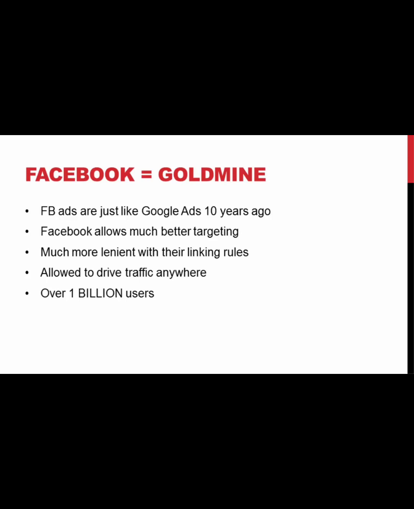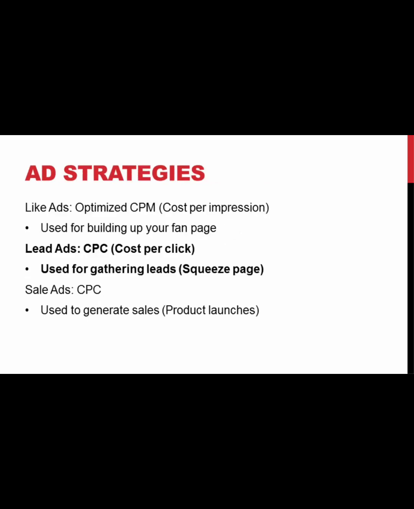And of course, Facebook has more than 1 billion users. So no matter what your niche is or what your target is, there is an audience for it on Facebook that you can target, and you can get clicks for as low as pennies or sometimes even less than pennies if you know what you're doing. Now, Facebook does have a lot of different types of ads and different types of bidding and strategies that you can use when creating your ad.